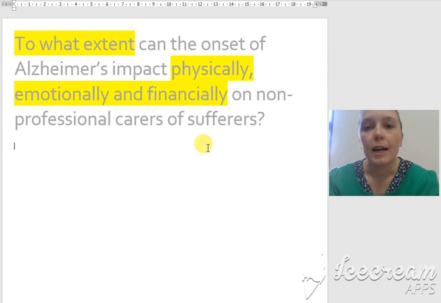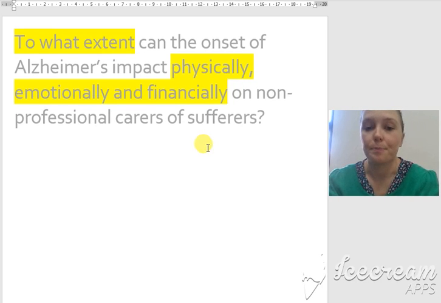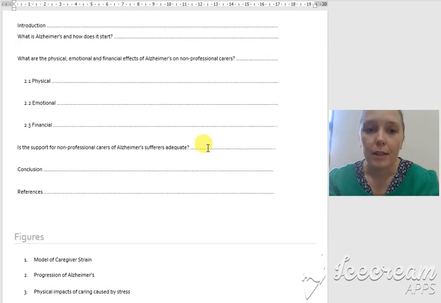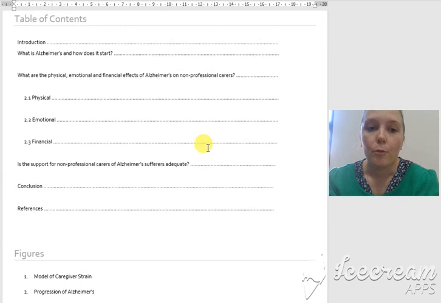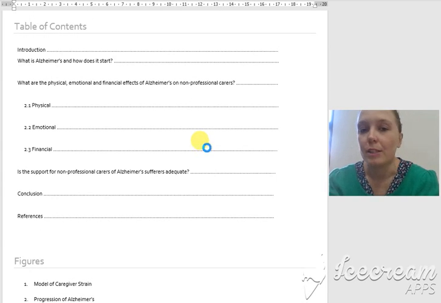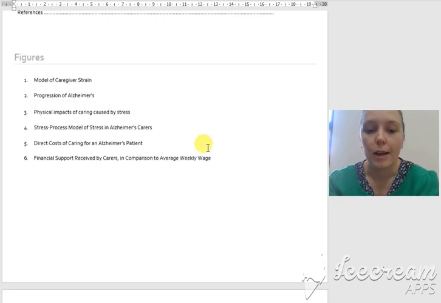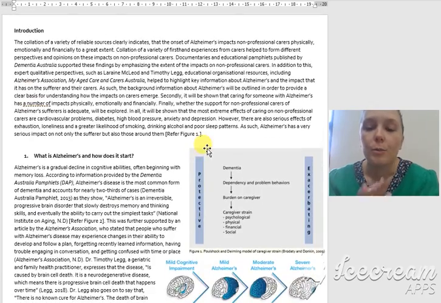It's really important that as you're producing your outcome, you go back to your question and you look at your paragraph and you say, does this actually answer part of my question? Because that's what you're going to be marked on. So then as you go through, we have a table of contents, which is them just ordering their work. And then we get to the bit I wanted to show you.